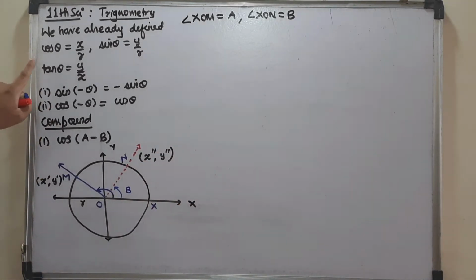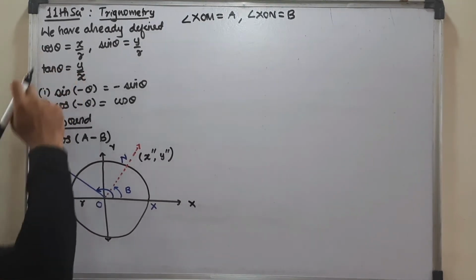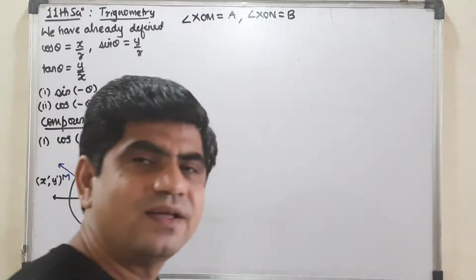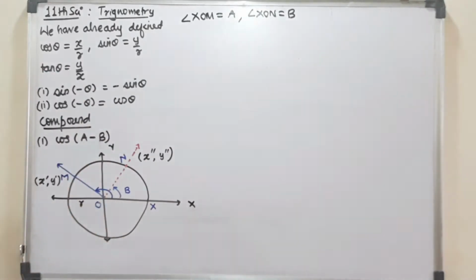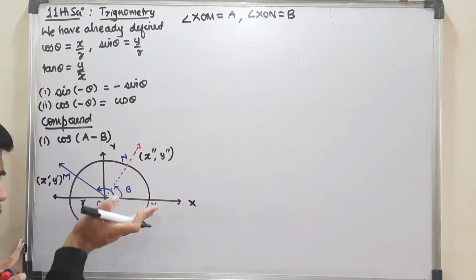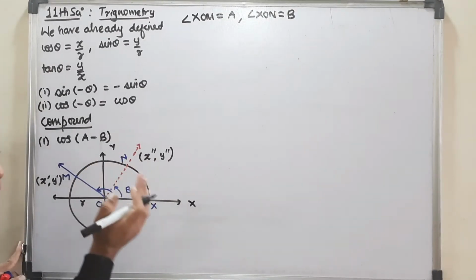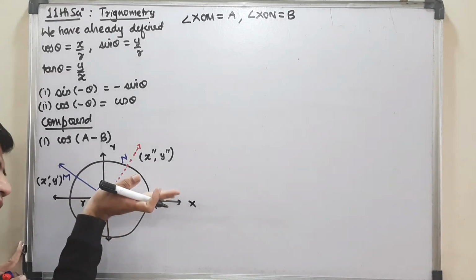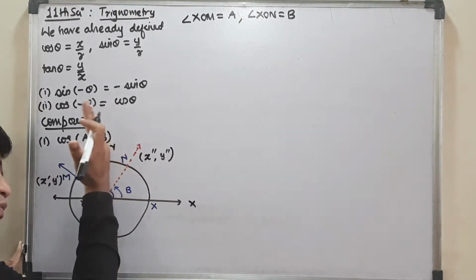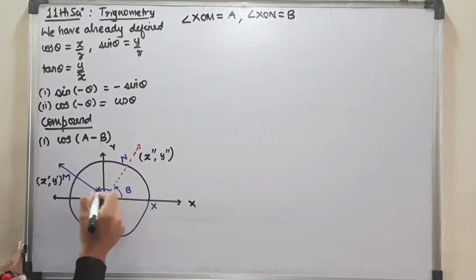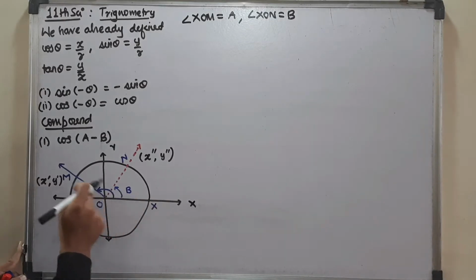Then using the definition, cos theta, theta is the angle made by the terminal arm, that is rotation of an initial arm up to terminal arm in an anti-clockwise manner. So here this is the initial arm rotating in an anti-clockwise manner, taking the terminal position. So it is the standard angle which is measuring your A. That means this is your A.